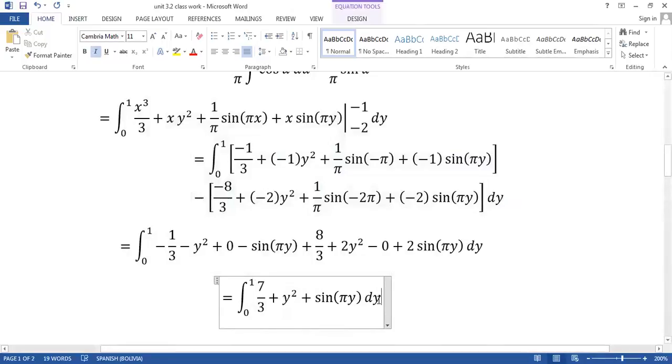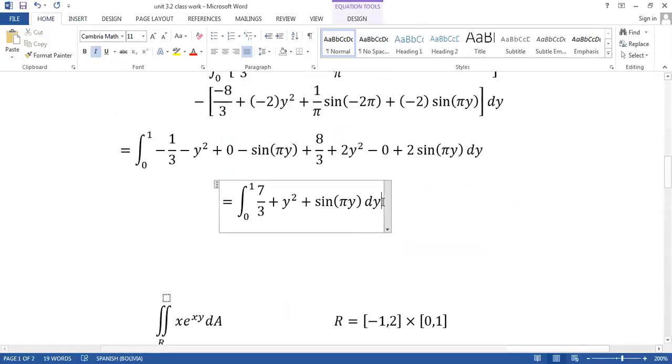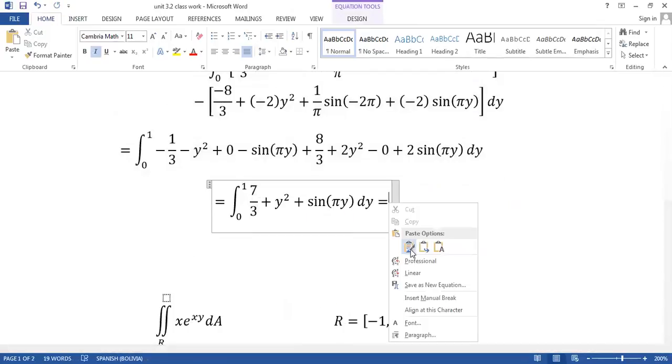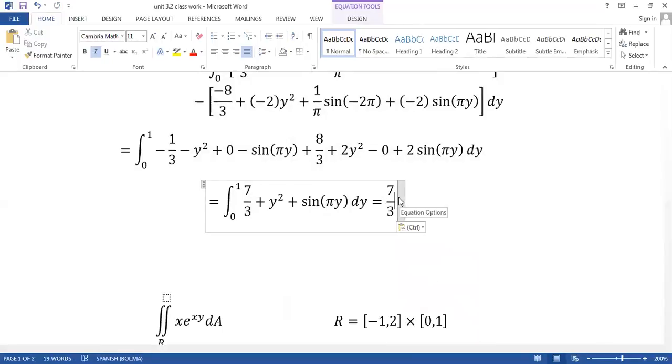So integrating this, can I do it on the same line or go to another line? You can integrate it on the same line, because that would be short, I suppose. So that is equal to 7/3 x y. There you go.